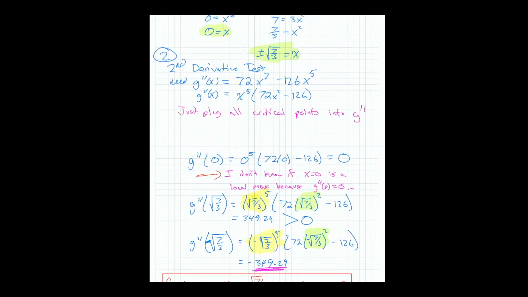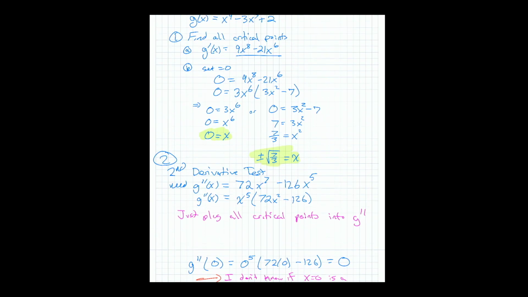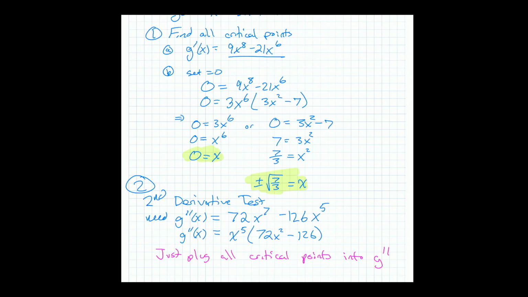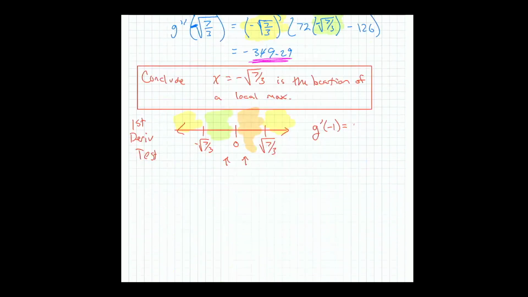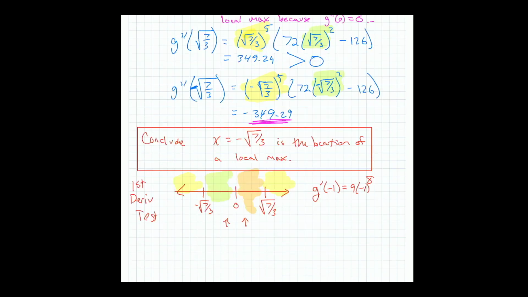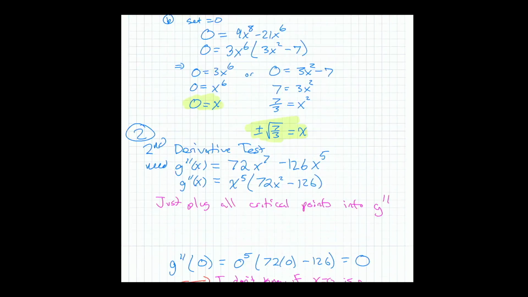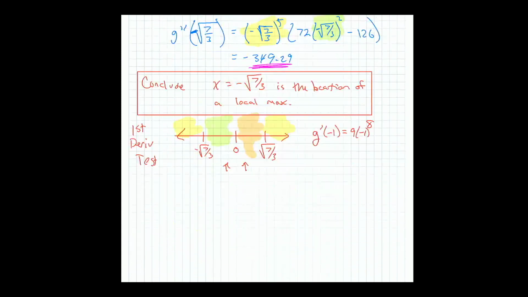So where's g prime? Somewhere. 9x to the 8th minus 21x to the 6th. And I can see that that is negative because it's going to be 9 minus 21, it looks like.